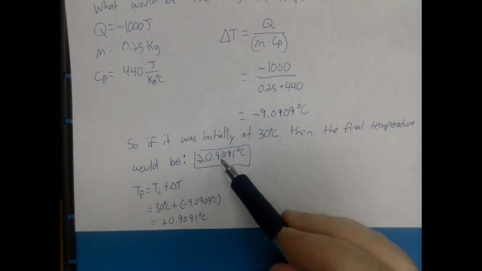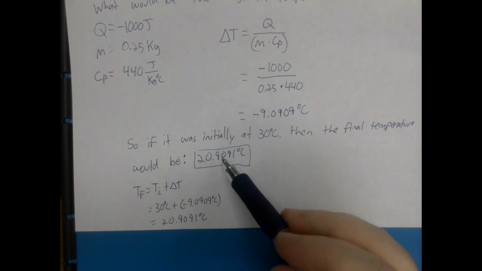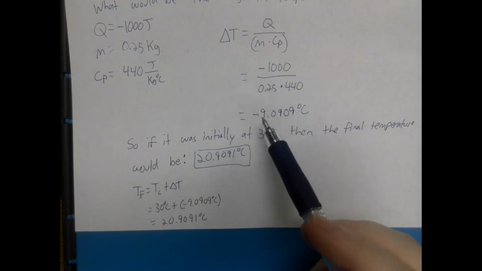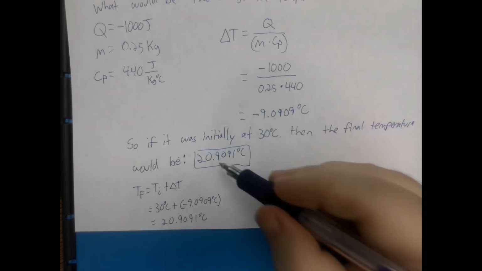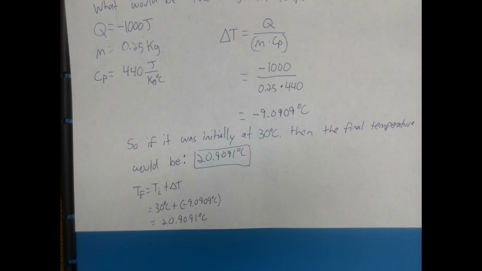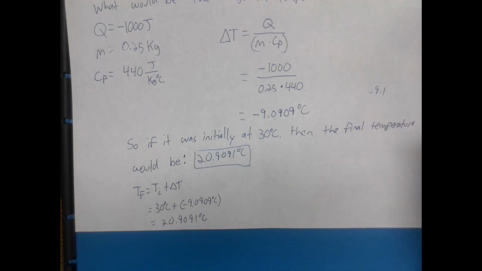Isn't this almost 21? 20.9? This portion causes it to be a little less than 21. Well, this is almost negative 9.1.